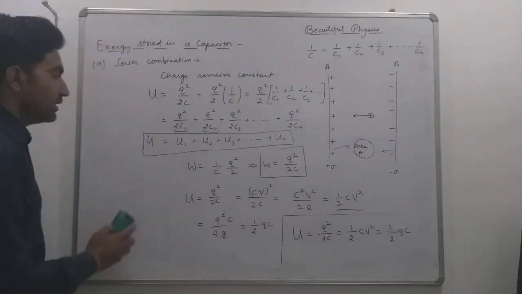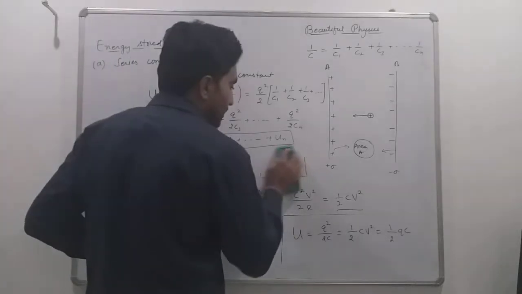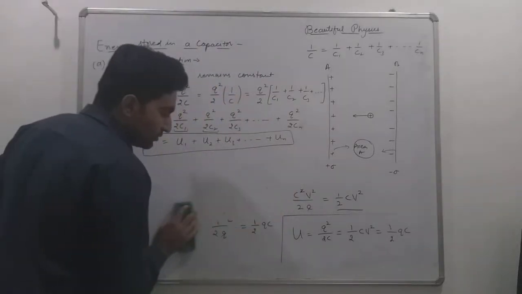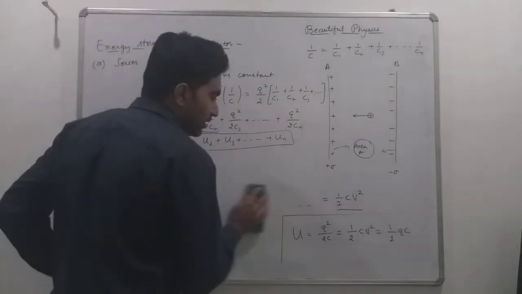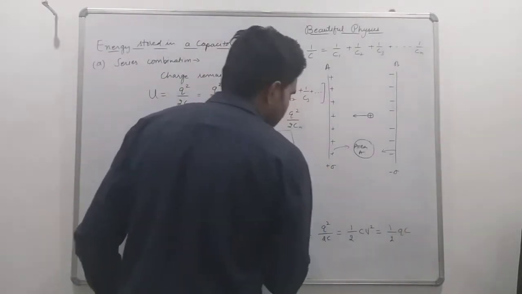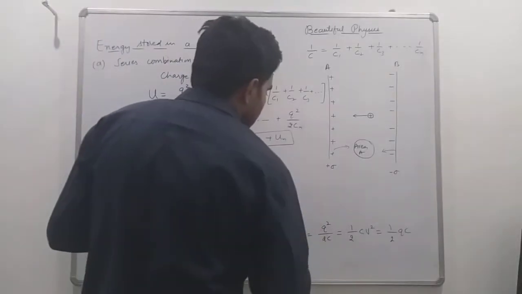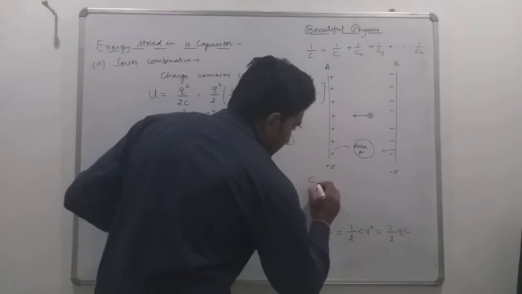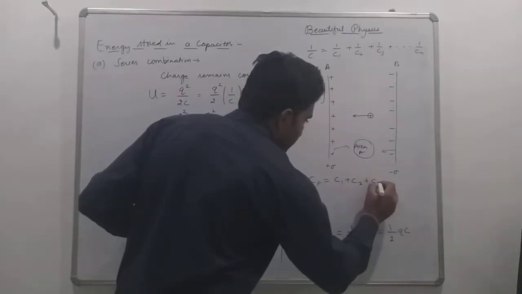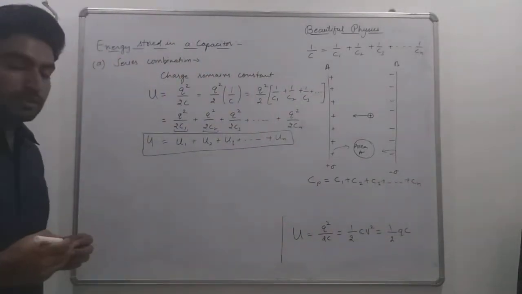Now let's take the case of parallel combination. In parallel combination, we know that the potential remains constant, and the net capacitance is equal to C1 plus C2 plus C3 up to Cn.